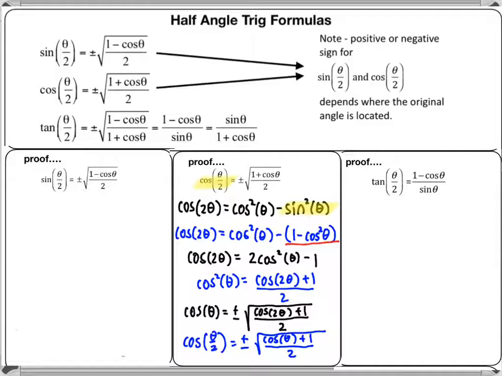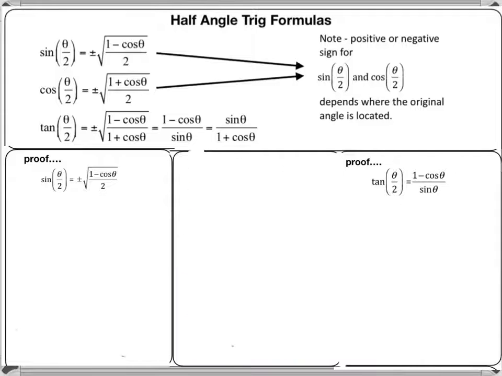Let's take a look at this tangent proof. Okay, I had to erase some stuff to make some room here, but what we're going to do is capitalize on our sine and cosine identities, the formulas.